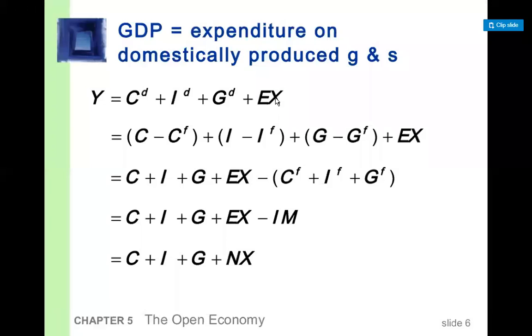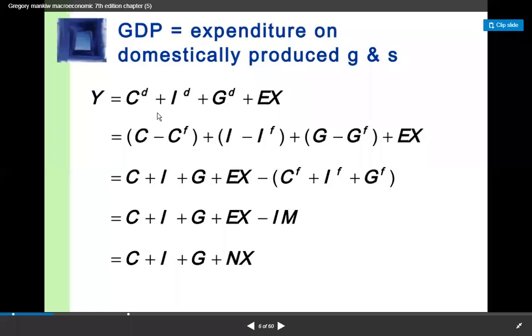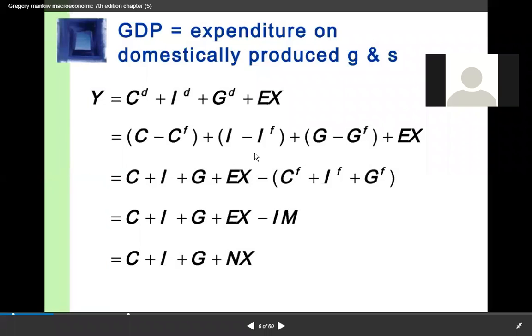And in the last class I have already discussed CD is equal to C minus CF, ID is equal to I minus IF, GD is equal to G minus GF plus export. Now combine positive terms C plus I plus G plus export, and combine negative terms minus CF minus IF minus GF.